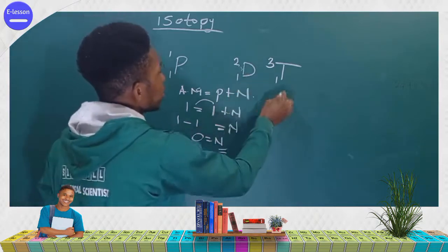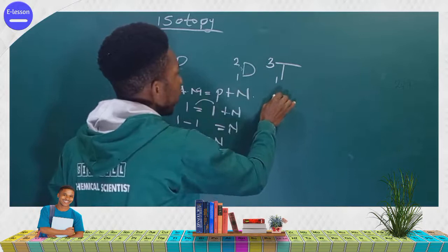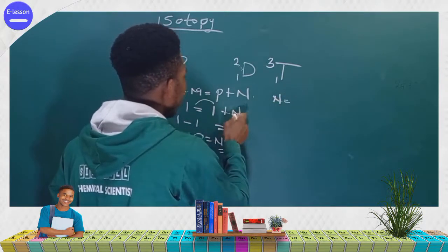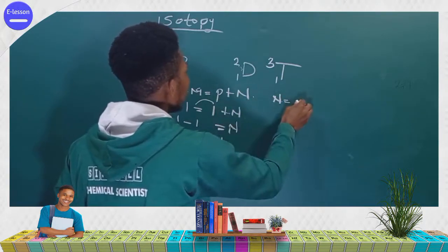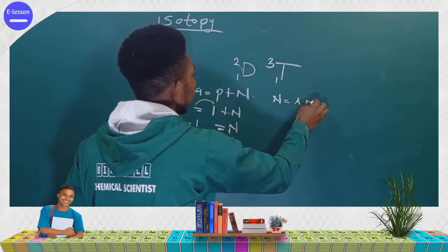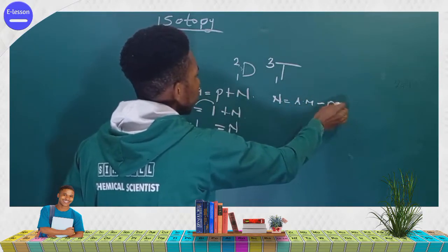Let's go to deuterium. Same thing is applicable here. Our number of neutrons for deuterium will be equal to atomic mass minus the number of proton.